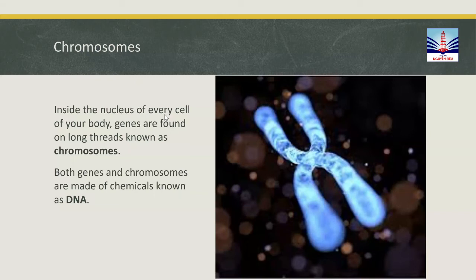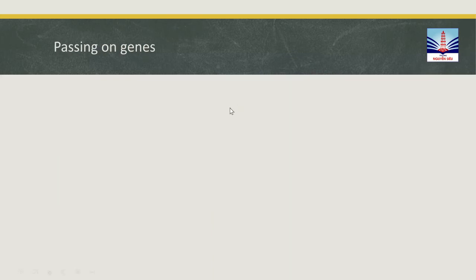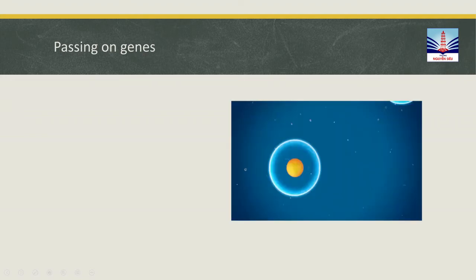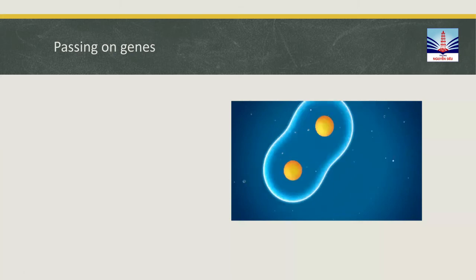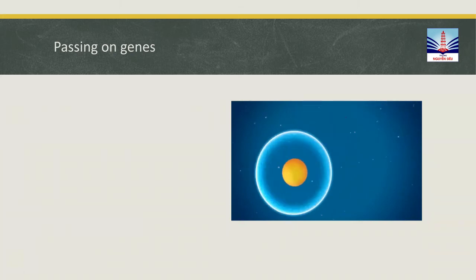This is basically the essential part of the passing on of genes and all that inheritance stuff we just talked about. This is a very pretty visual of what the passing on of genes looks like. Cells divide as you grow to make more cells.